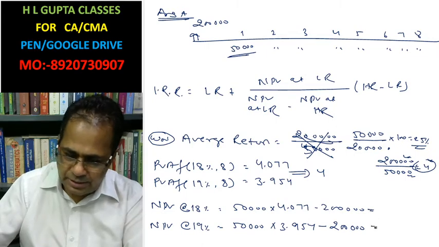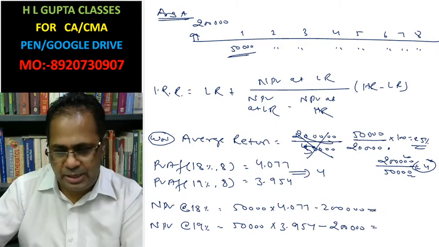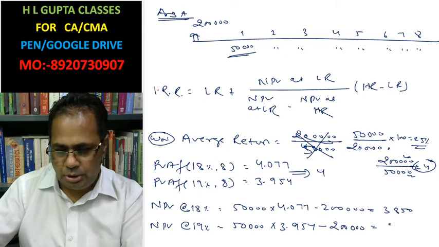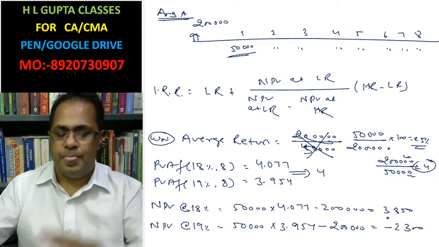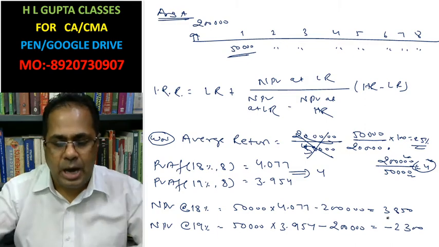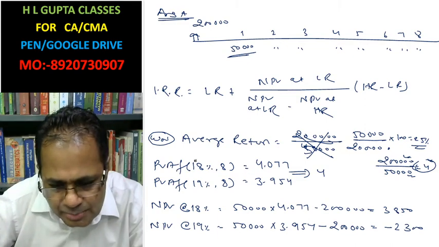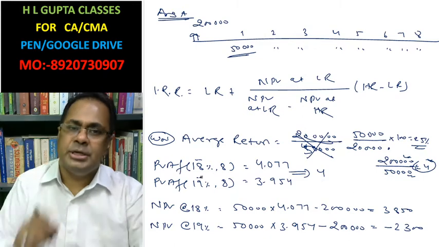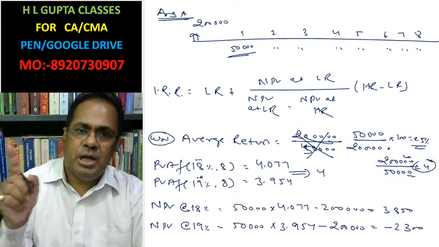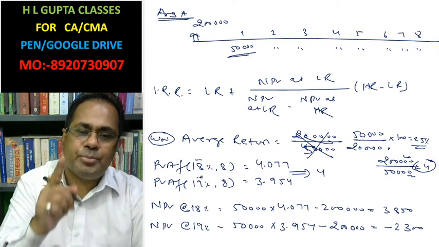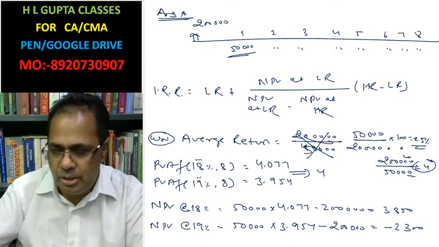In this case, net present value is 3850 at 18%, and in this case, minus 2300 at 19%. You will receive this answer from my concept class, and presently you have to see the present value factor nearby 4.